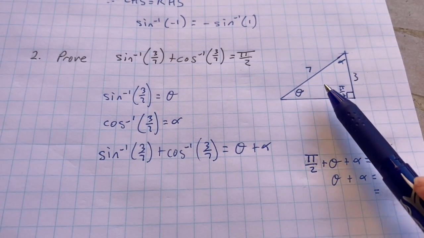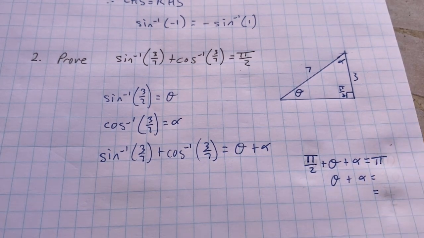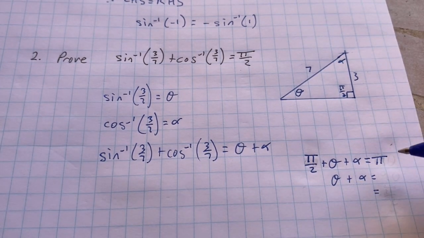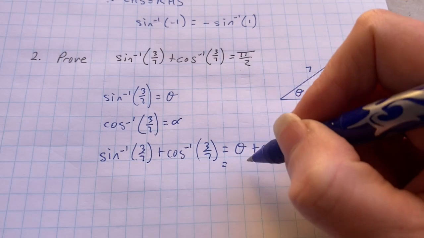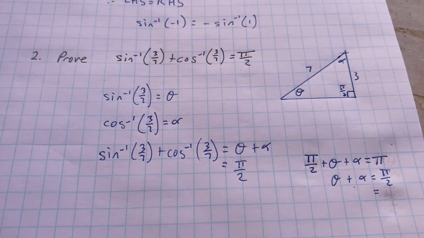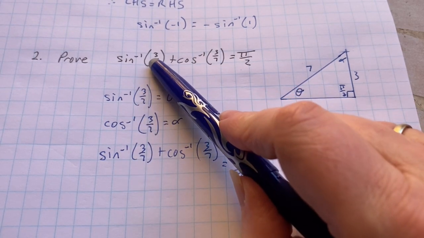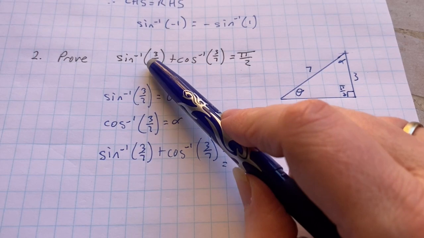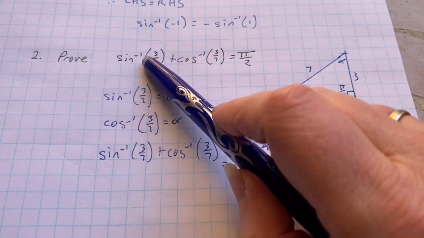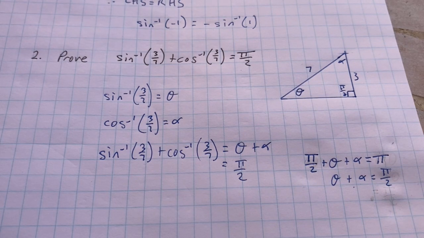And I know if I do pi on 2 plus theta plus alpha, that I'm going to get pi, or 180 degrees, minus pi on 2 from each side, then theta plus alpha equals pi on 2, and that's exactly what we've got here, pi on 2. Now, if these had been exact values, so like 1 on root 2, for example, or half, or root 3 on 2, or something like that, we could have literally just evaluated each of those to add them together, and we would have also got pi on 2 there.